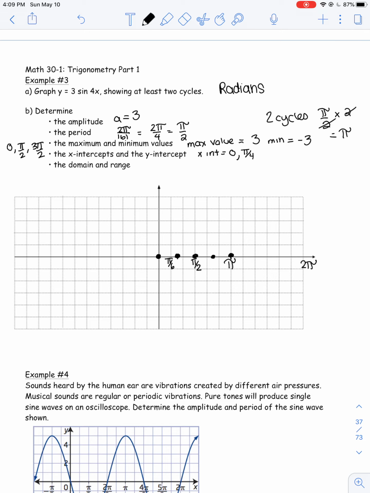So I have pi over 4. I have the value of pi over 2. And then I have, so I just want to rewrite this one.